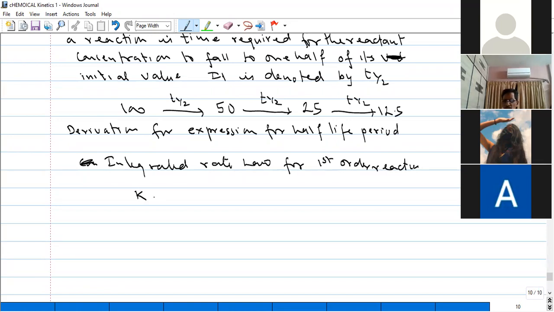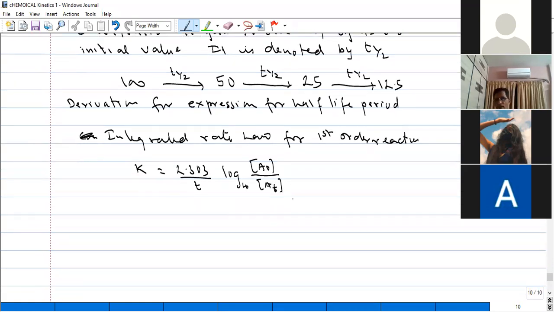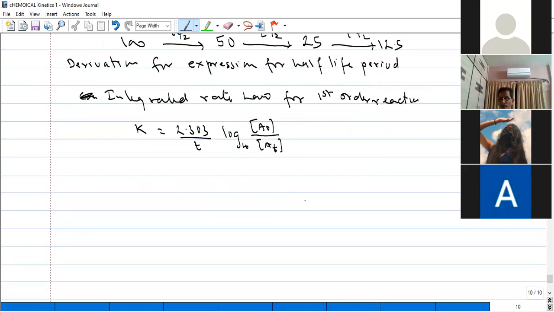K is equal to 2.303 upon t log to base 10 concentration of A0 upon concentration of At. Right?